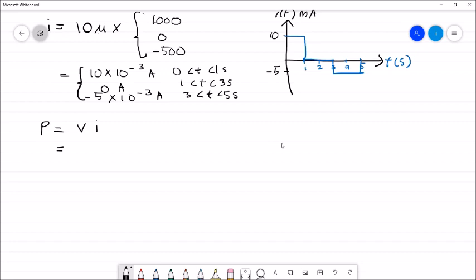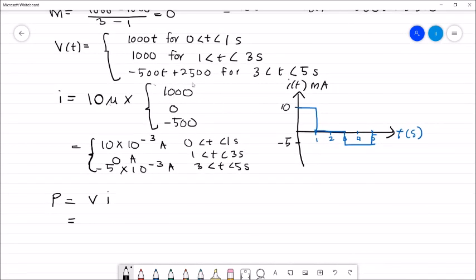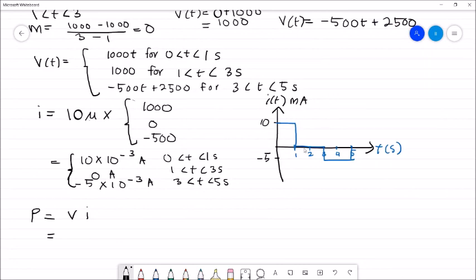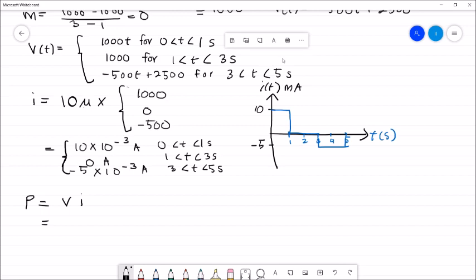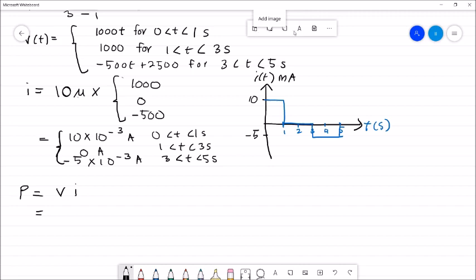Voltage, we can get the voltage from here. Current, we write it as 10 times 10 to the power of negative 3, then 0, then negative 5 times 10 to the power of negative 3.